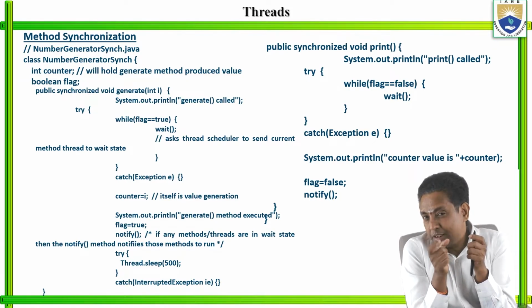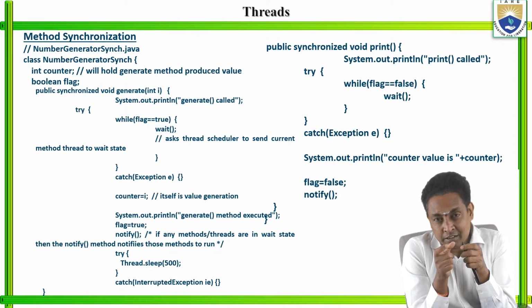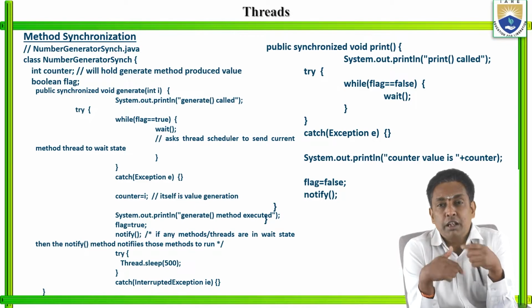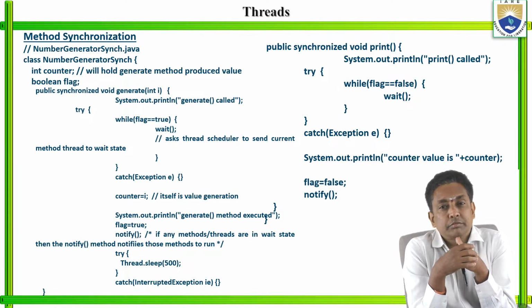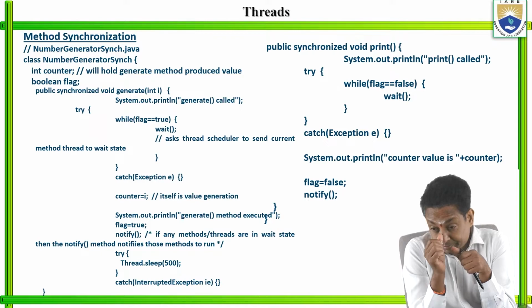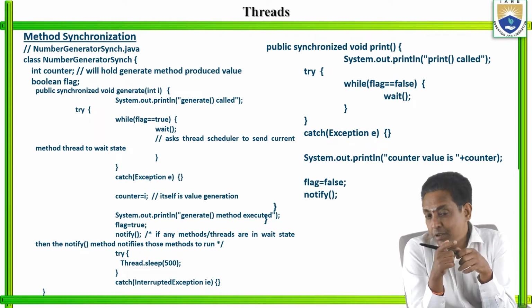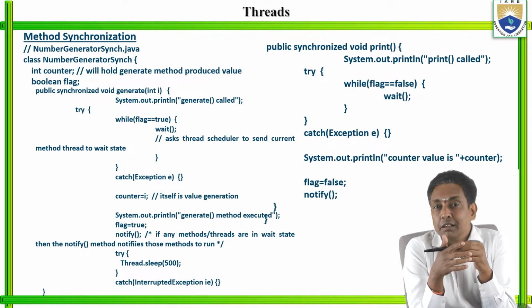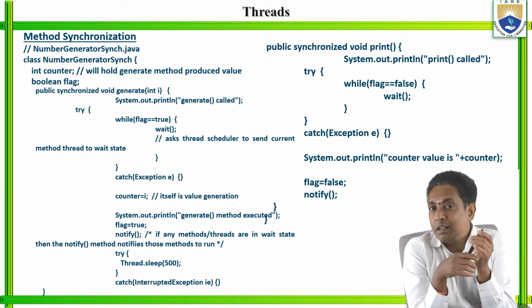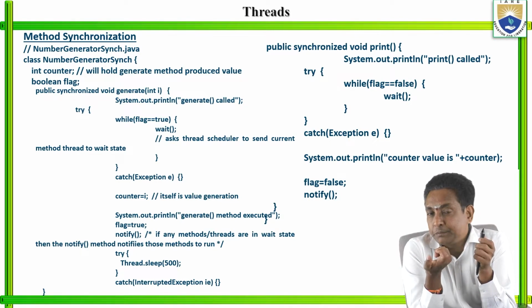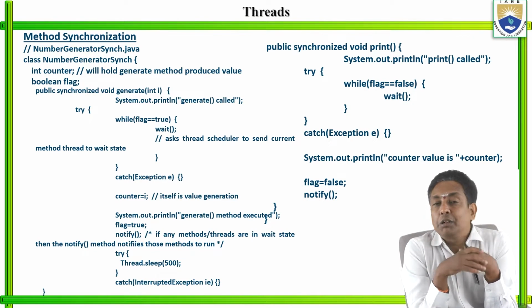The counter variable acts like a counter, whose value will increment from 1 to 2, 3, 4, 5, 6, and so on. Who will generate the counter value? In my guess, because there are two methods, generate and print, it is the responsibility of the generate method to produce one integer value each time. That incremented integer value is nothing but the counter.